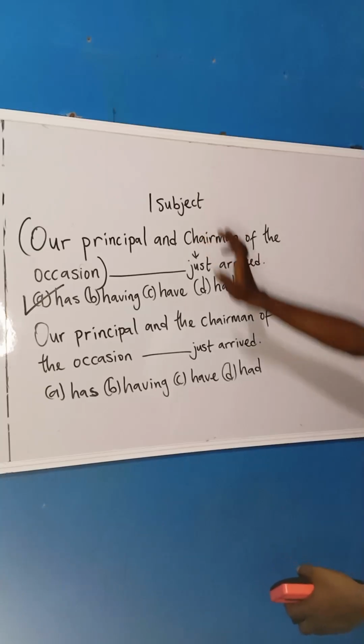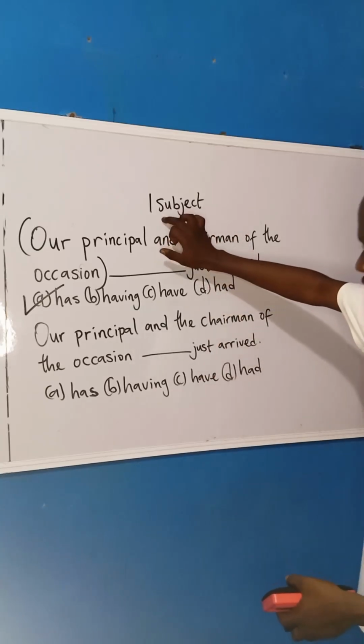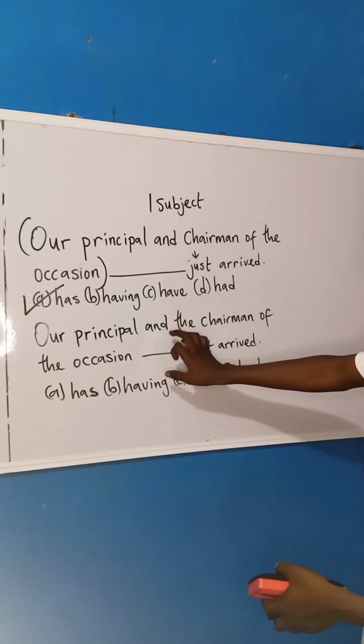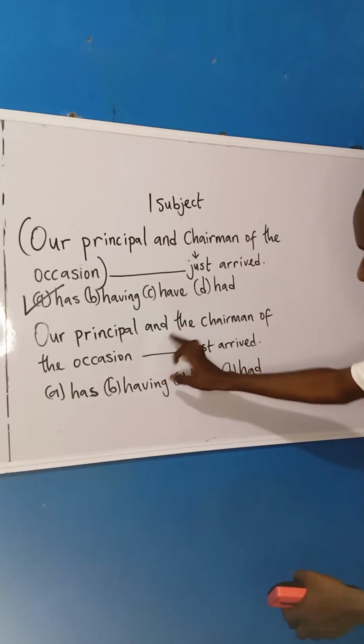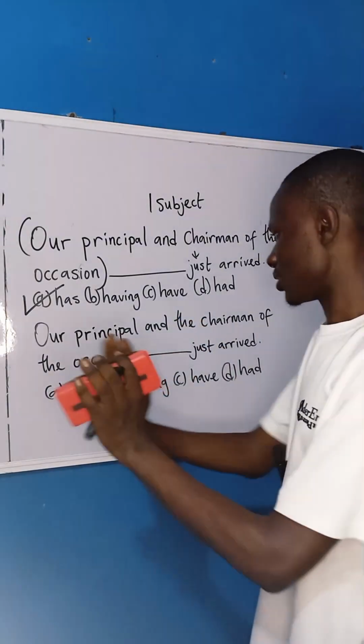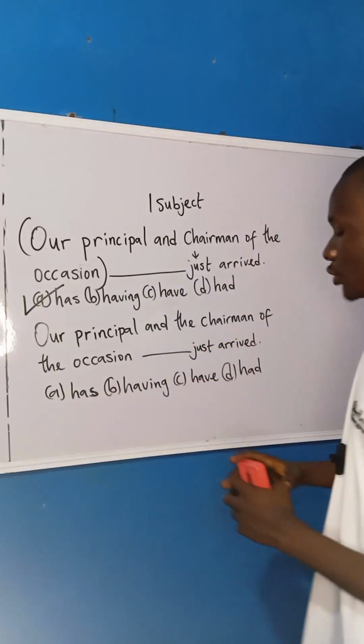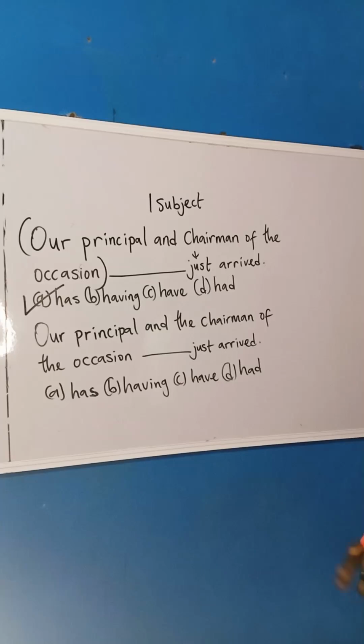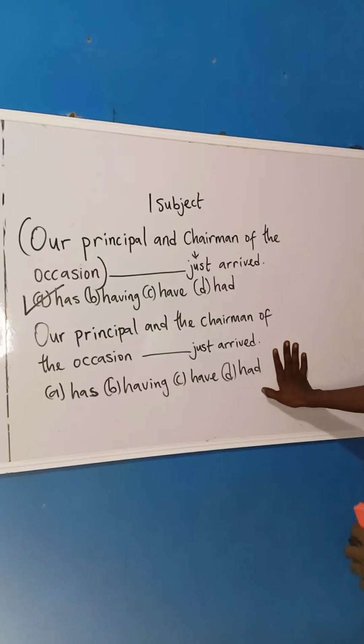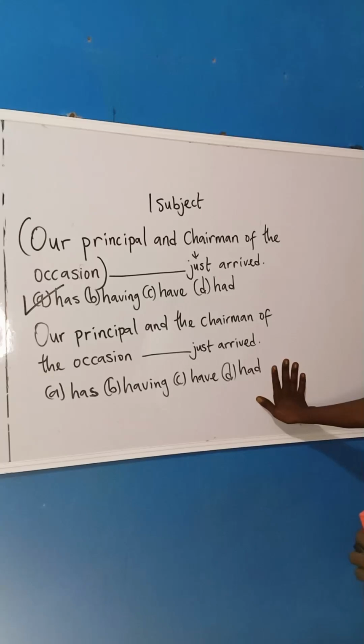You understand? So, in a nutshell, this one is one subject, while this one is two subjects. Understood, right? Our principal is different from the chairman of the occasion. Understood? So, what will be our answer here? Let me see who will get it.